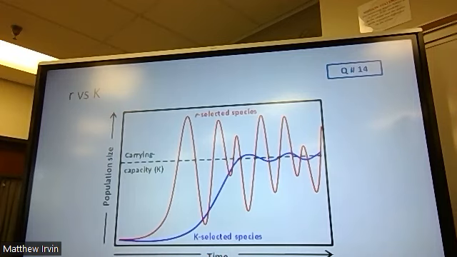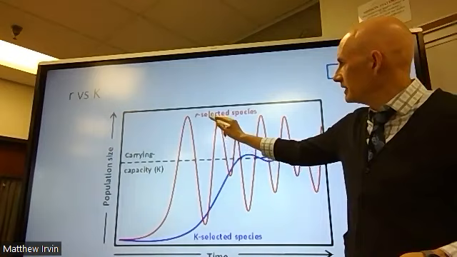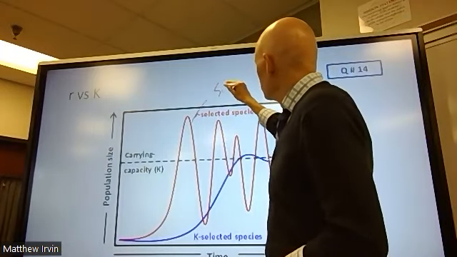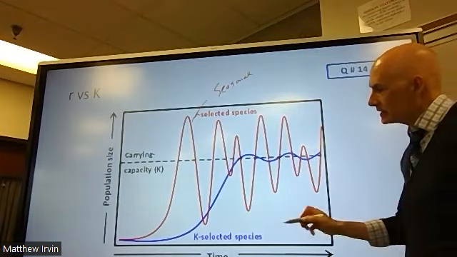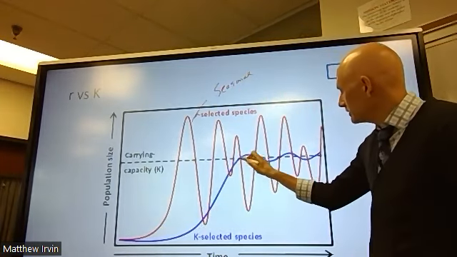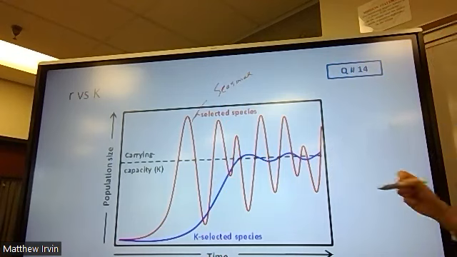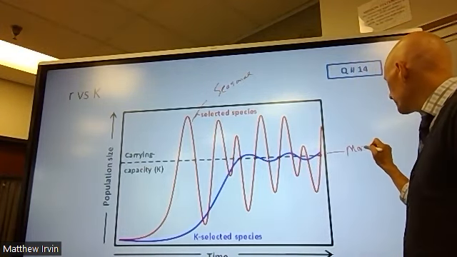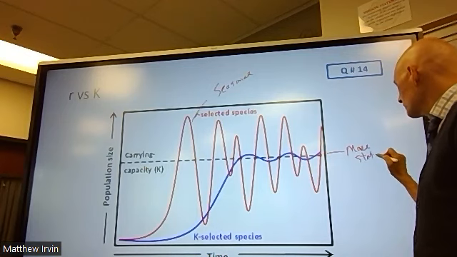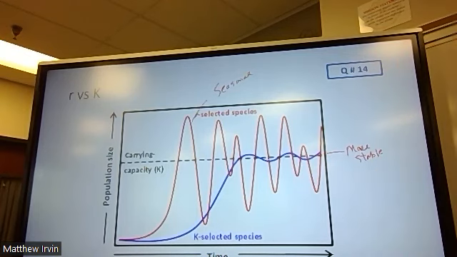So a lot of this can be seasonal. Whereas your K selected pattern is going to fluctuate around the carrying capacity. K selected species tend to be more stable and more adapted to their environment.